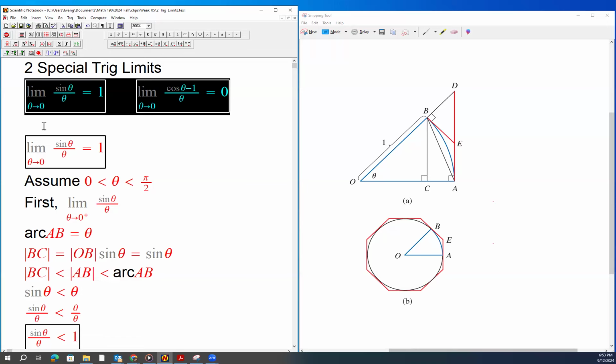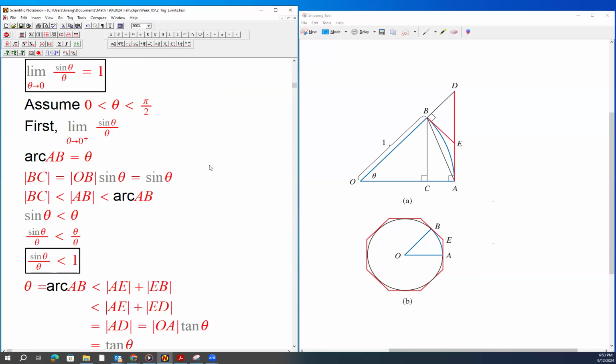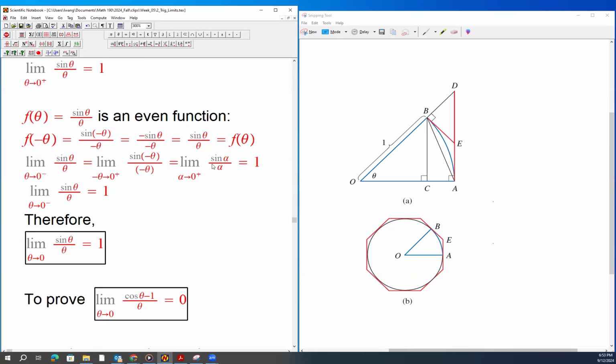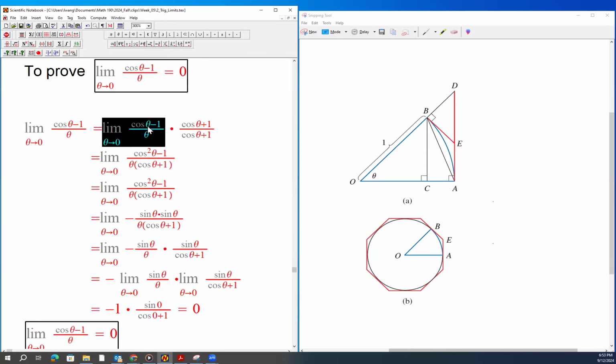So these are two very special trig limits. The techniques we used here, such as multiplying by the conjugate, are also very, very useful, as we will see when we apply these two limits in our homework questions. Okay, that's all.